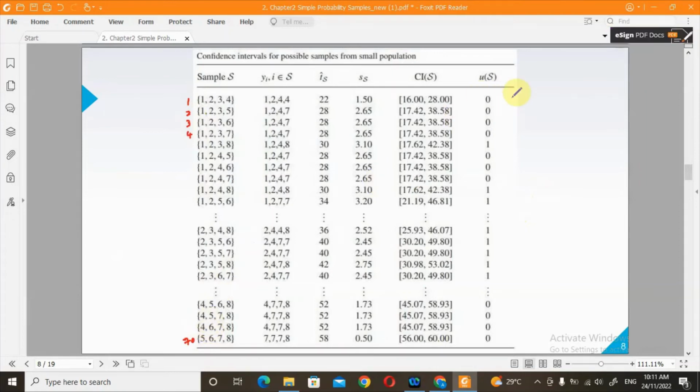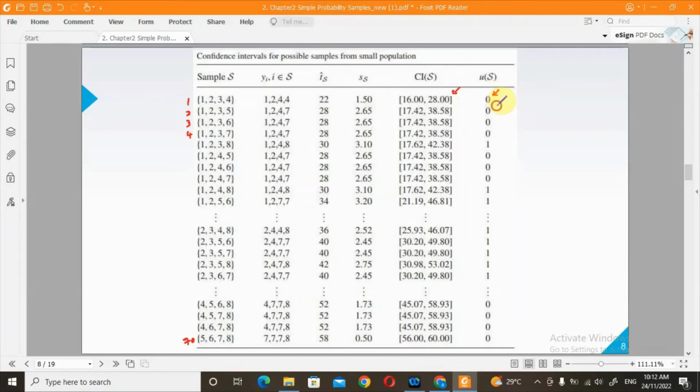If the confidence interval here does not include the population total, we will mark it as 0 here.